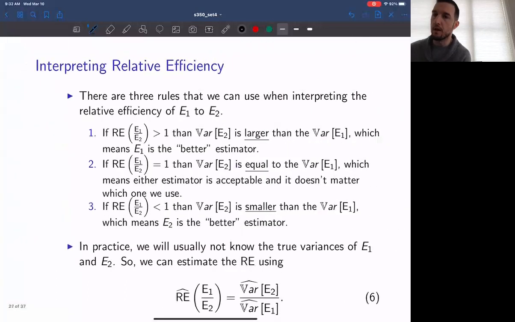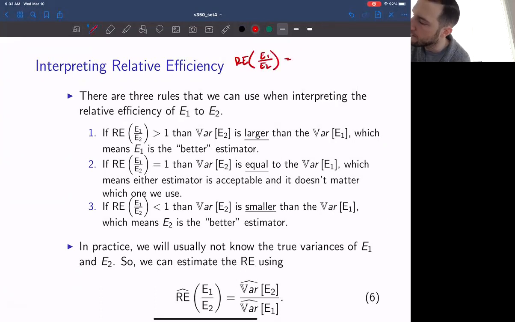So the relative efficiency is essentially taking into account this definition. Here we go. This follows naturally from the definition of the relative efficiency calculation. If we have, for example, the RE of E1 over E2, this is the variance of E2 divided by the variance of E1.